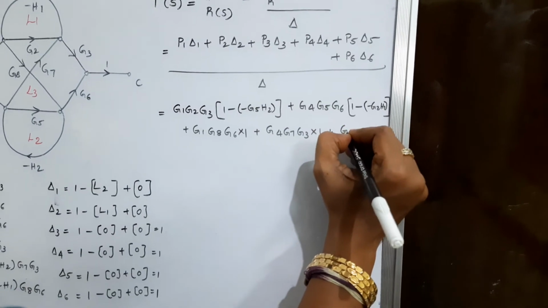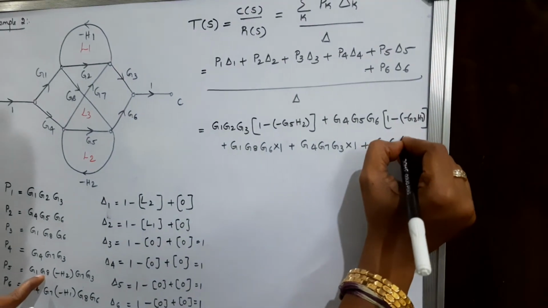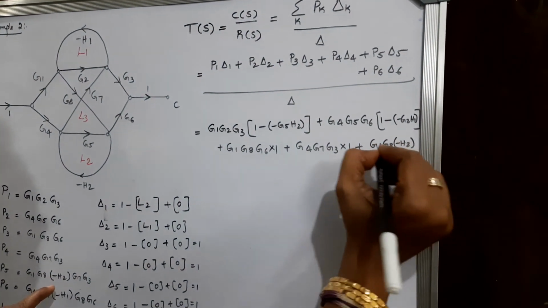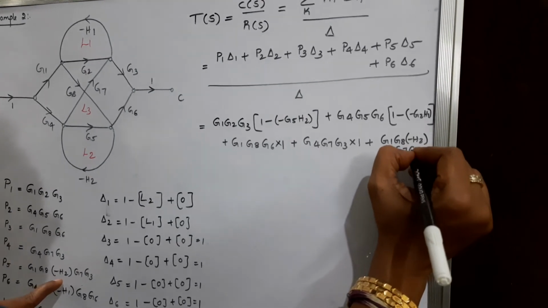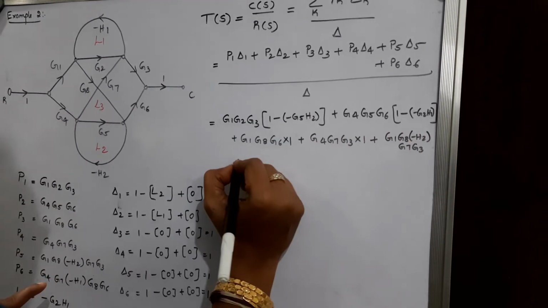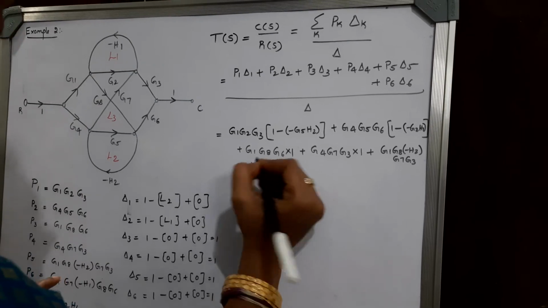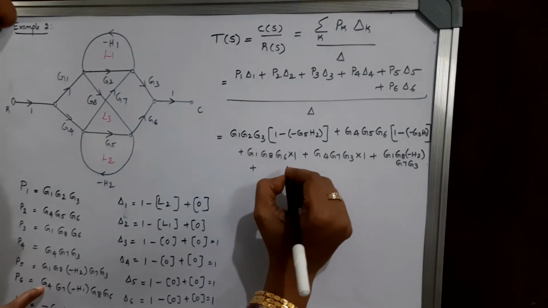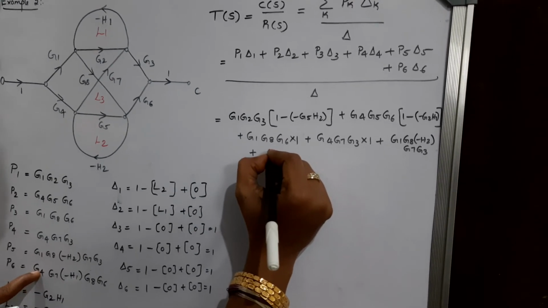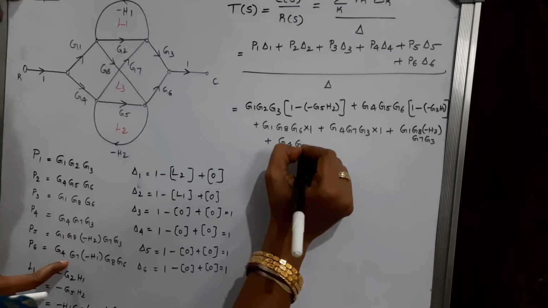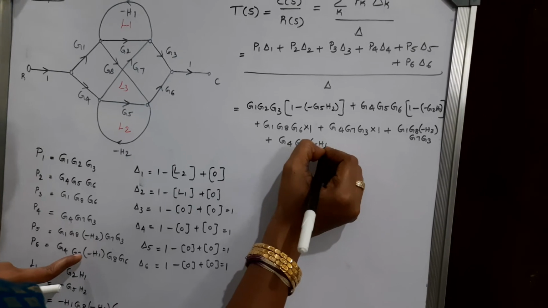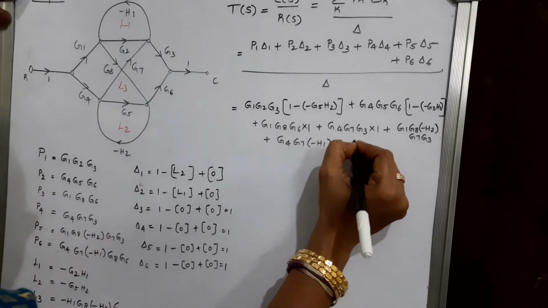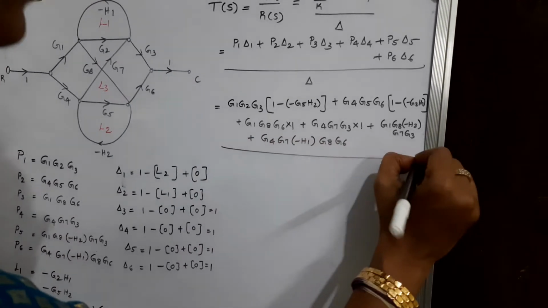P5 is G1 G8 minus H2 G7 G3 into 1 plus P6 into delta 6, G4 G7 minus H1 G8 G6 upon delta.